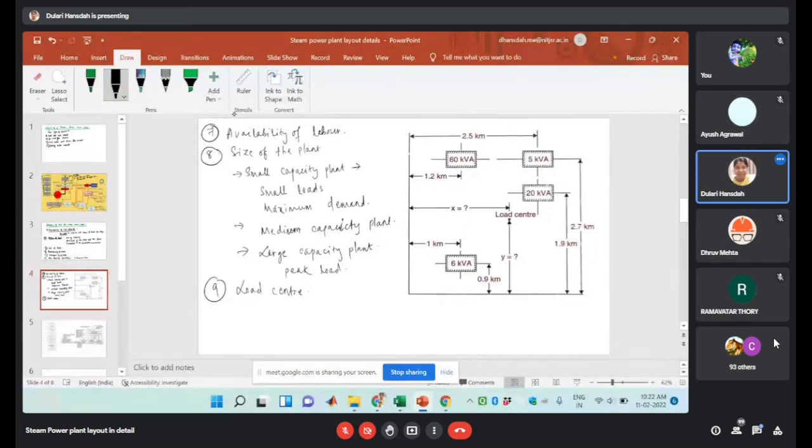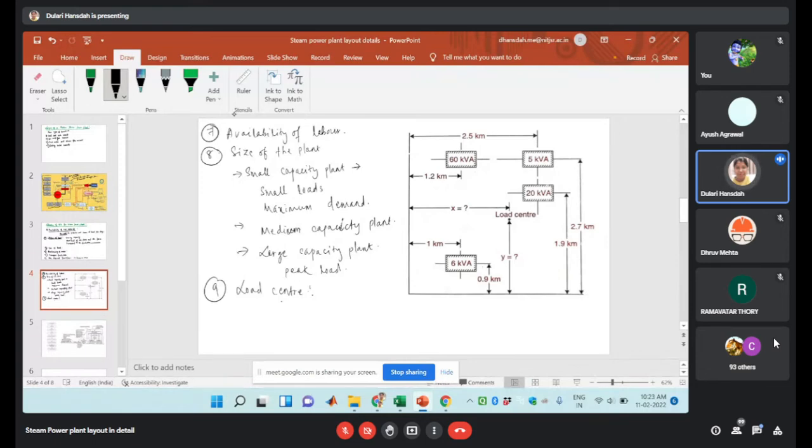Okay. Then we are having the load center. Load center means in this case the power plant should be located near to the loads where it can supply the power to the power stations, and from there it will be supplied to the different places.